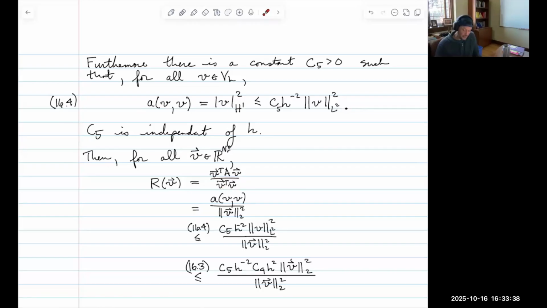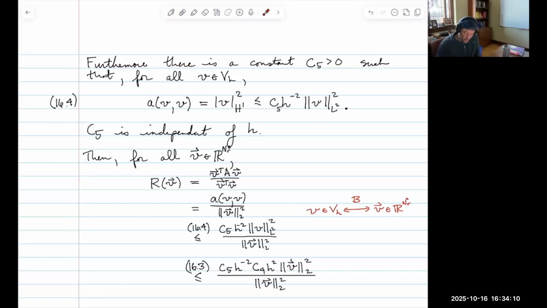It's not hard to show that these two objects, V transpose A V, is linked to A(v, v), where v is that function in V_h, which is connected through the basis B to the coordinate vector V in R^n.